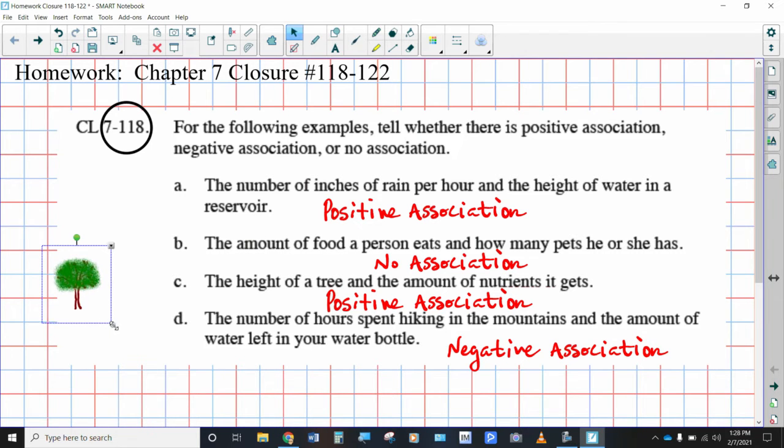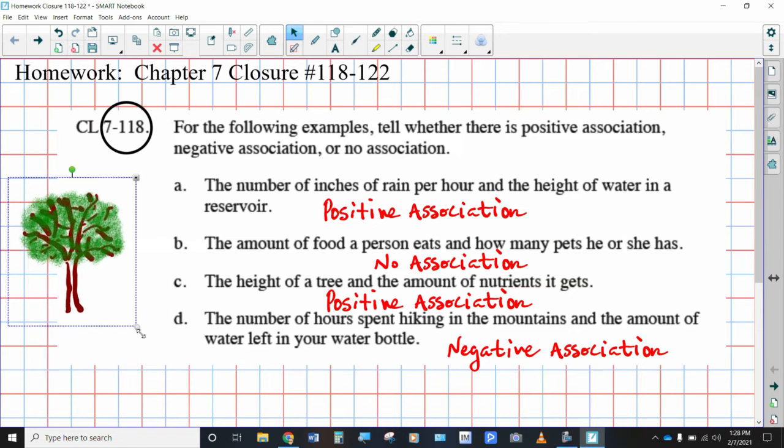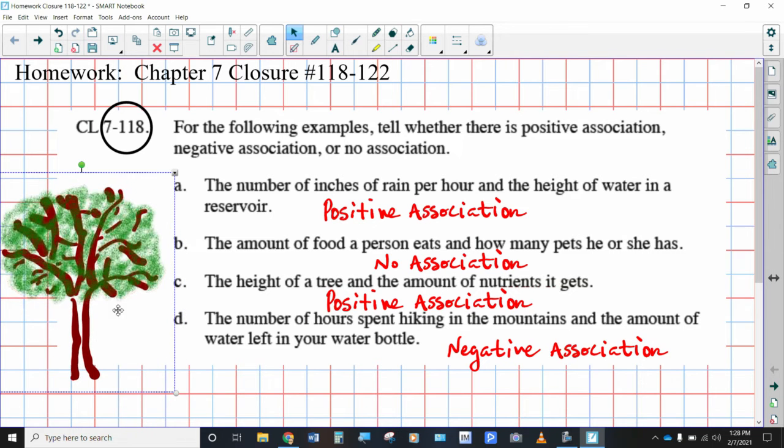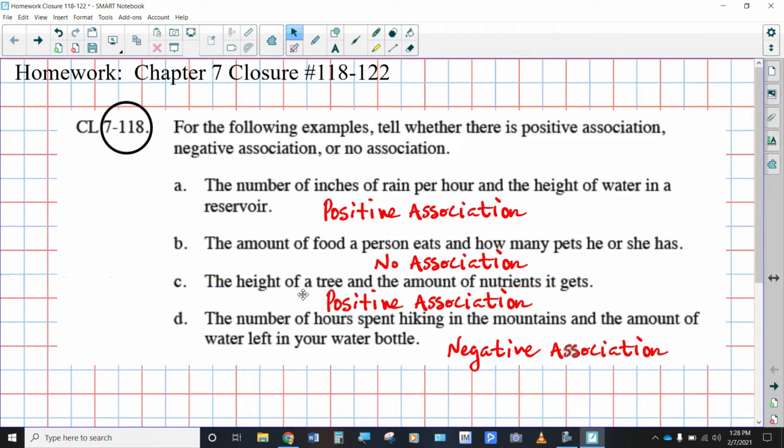So as the tree grows taller, it's also going to have roots that go deeper into the ground, collecting more nutrients from the ground, and more leaves throughout the canopy, creating more photosynthesis, bringing in more nutrients as well. So eventually, you get these taller trees, and there are going to be more and more roots, more and more leaves, bringing in more and more nutrients. So there you go. Fantastic visual to show that as one increases, so does the other.